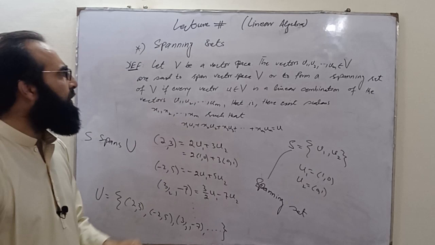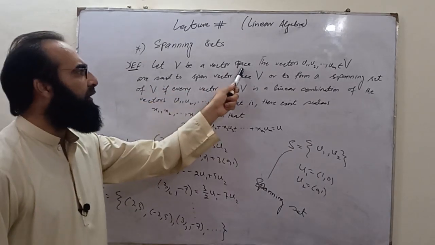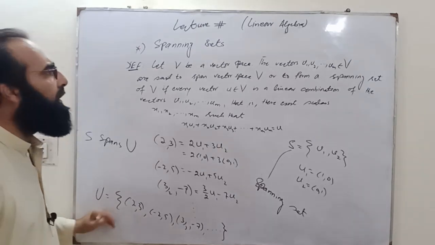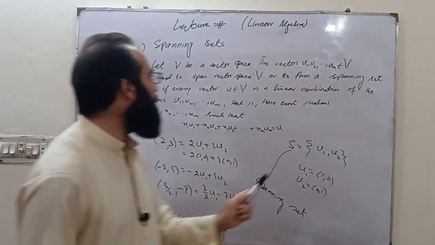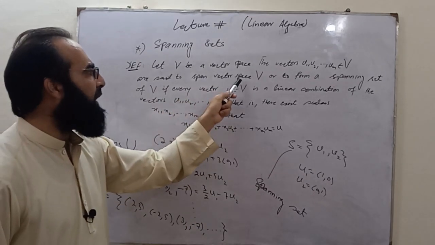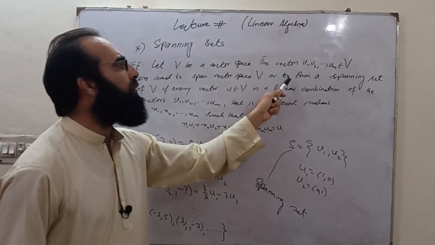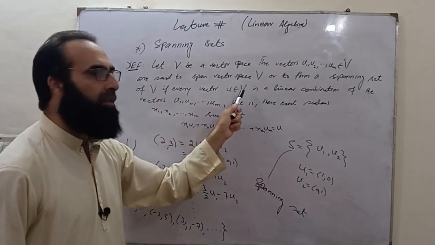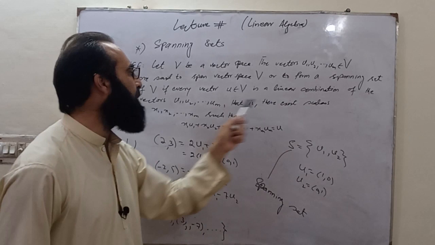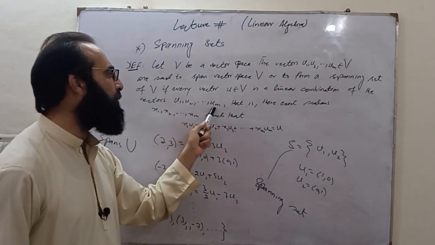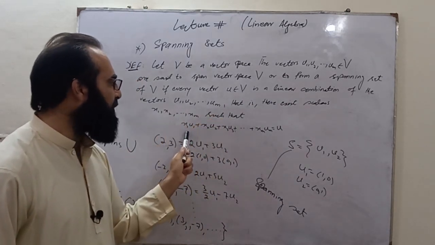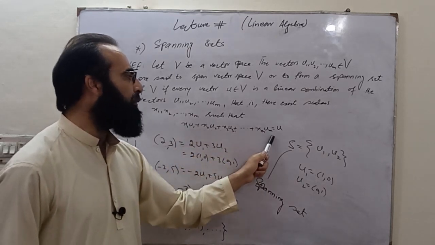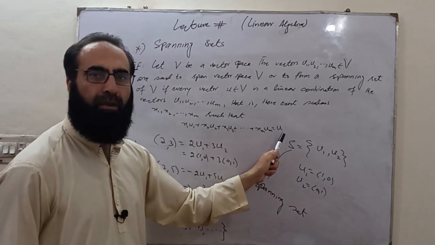So the definition of a spanning set is: let V be a vector space. Then the given vectors u1, u2 up to um are said to span vector space V, or to form a spanning set of vector space V, if each and every vector of the vector space is a linear combination of the given vectors u1, u2 up to um. And for linear combination, we have this equation x1 u1 plus x2 u2 plus x3 u3 up to xm um is equal to vector u.